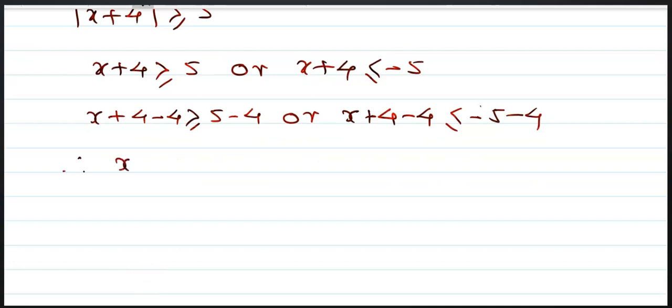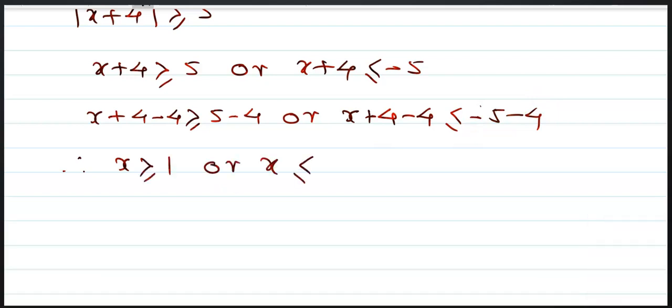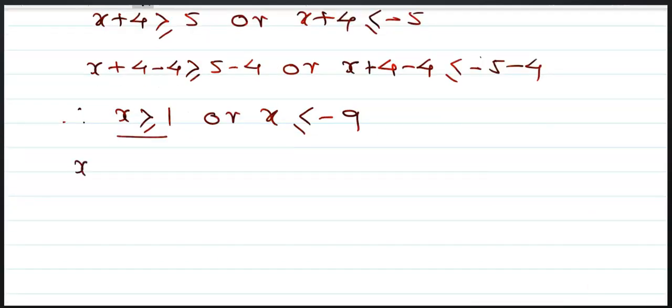Minus 4 on both sides here, and also here, and that's why you will get x greater than or equal to 1, or x less than or equal to minus 9.